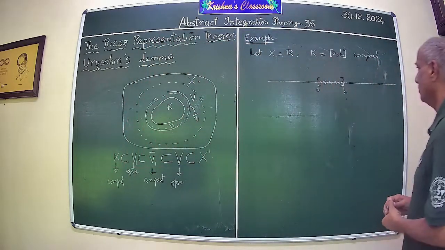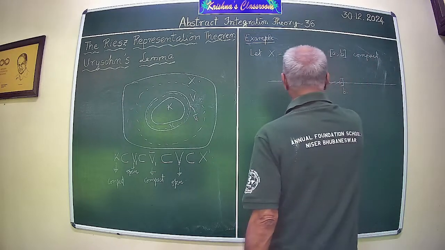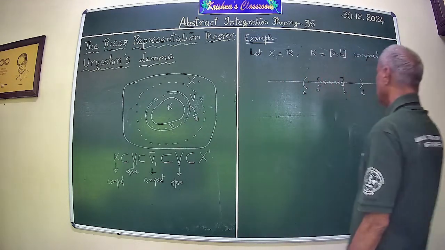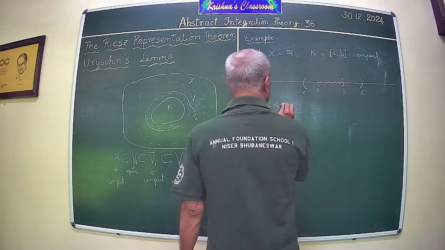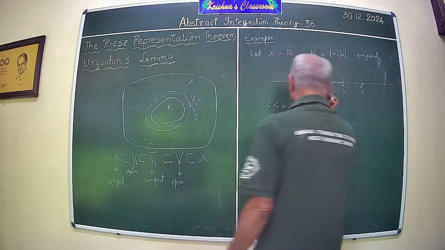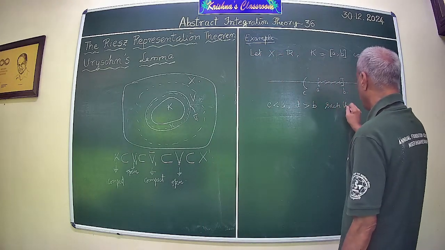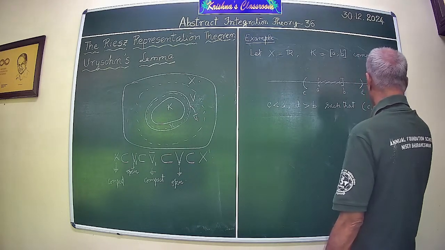So now what you can do is you can find a C and a D such that C is less than A, D is greater than B, such that (C, D) is open.